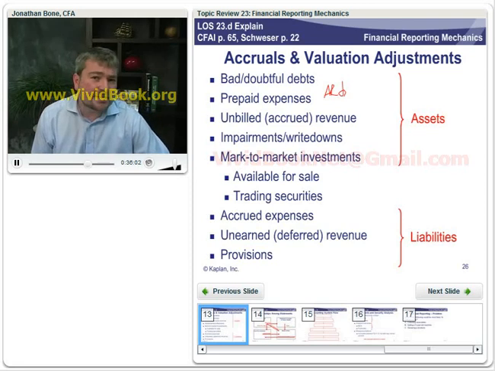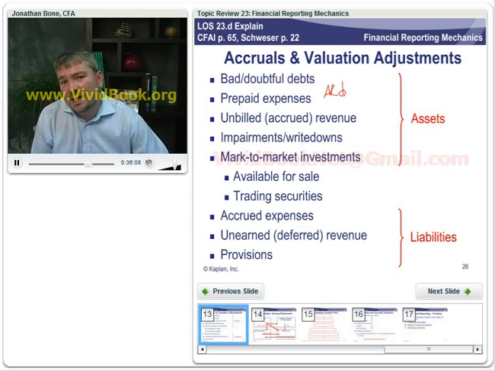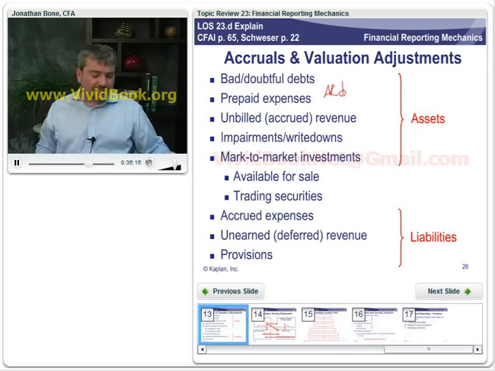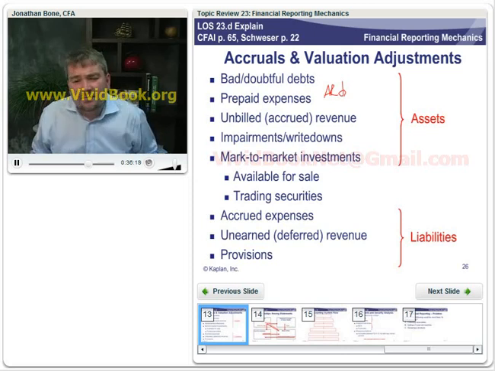Accrued expenses. If we know we've incurred an expense, but we've not yet received the invoice, we still want the expense in our income statement, and we're going to record a liability in our balance sheet. Now, your classic example of an accrued expense, let's imagine your telephone bill. Of course, with your cell phone, you make your calls all throughout the month, but you don't receive the invoice from your phone company until after the month.